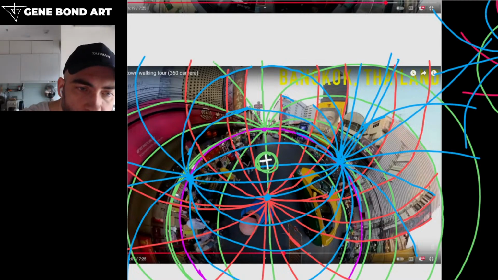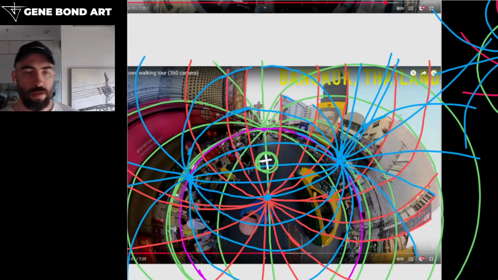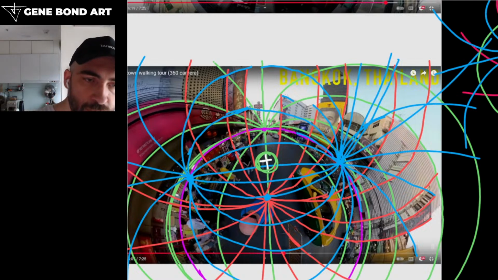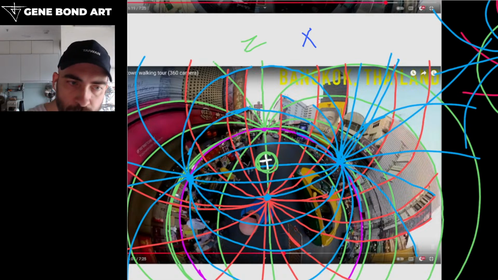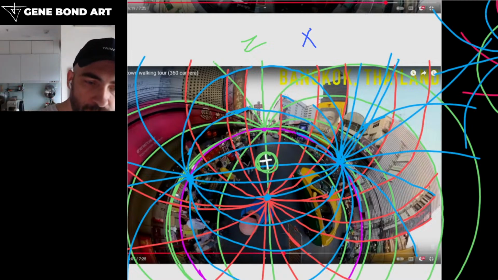So this cross is for the camera angle. It's between the Z and Y vanishing points, about in the middle. And you can see here how the X axis behaves, how the Z axis behaves, creating this magnetic field.